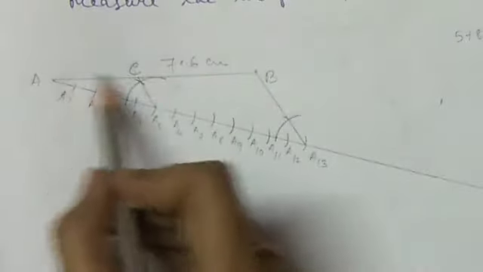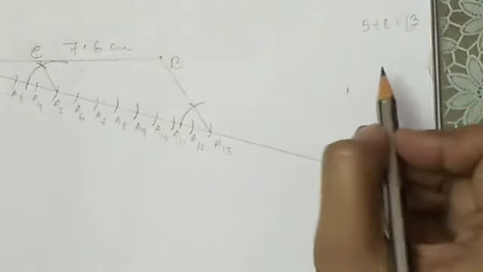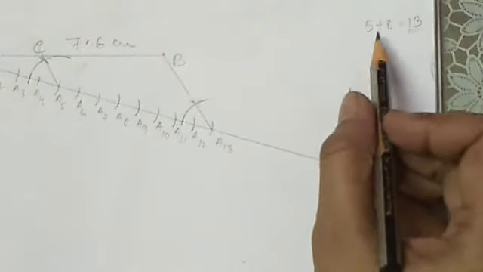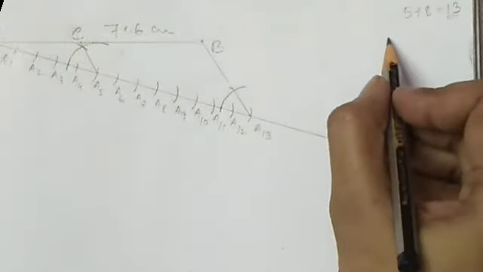So then each of the parts can be measured. You can measure it, but by calculation, as here it is 13, out of 13 you need to take 5 parts.